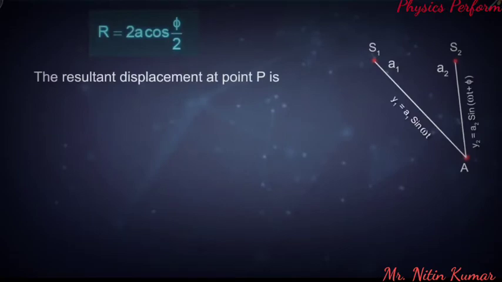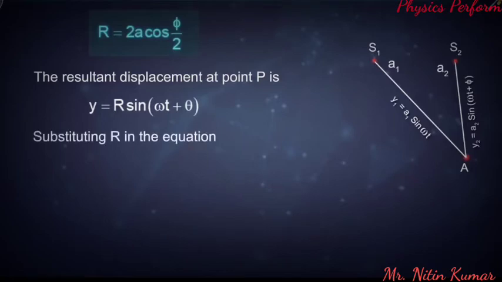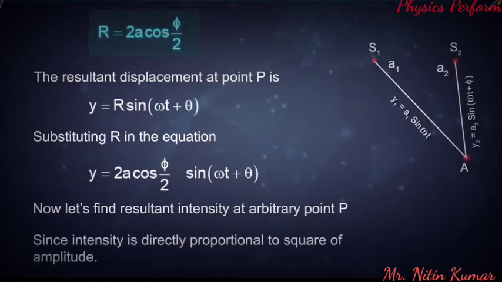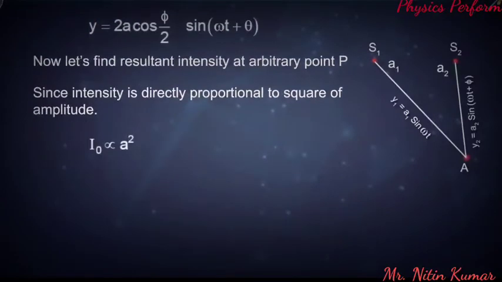The resultant displacement at point P is given by y = R sin(ωt + θ). Substituting for R in this equation, we get y = 2A cos(φ/2) sin(ωt + θ). Now, let's find the resultant intensity at an arbitrary point P. Since intensity is directly proportional to square of amplitude, I0 is directly proportional to A².